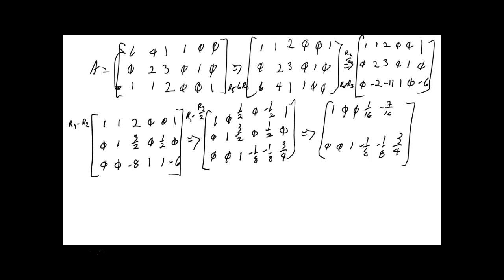Am I doing it right? Let's see. Oh my goodness, I'm tired. Okay. Row 1. Now when I take half of this, it's going to be the 16ths. That's going to be negative 8/16. Minus and minus is plus 1/16. Make it negative 7/16. Right?